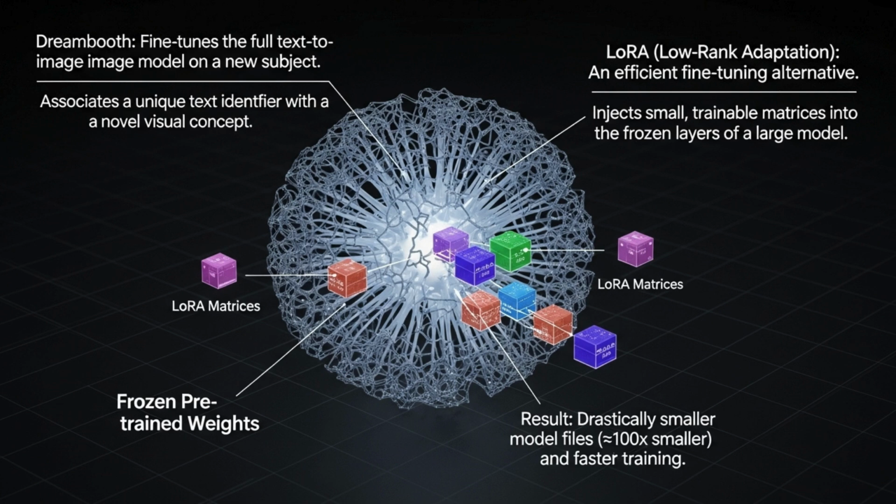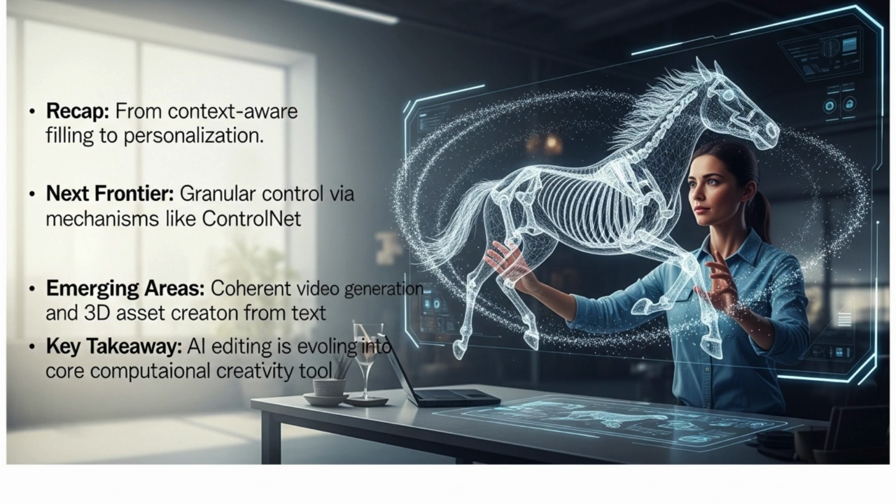The result is a fine-tuned patch file that is often less than 20 megabytes, a 100-fold reduction in file size. This makes it feasible to train, store, and swap thousands of different concepts on the fly, a game changer for production systems.